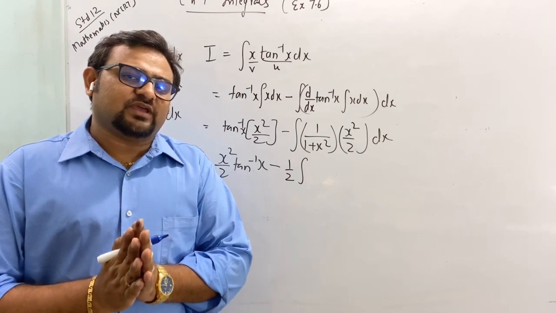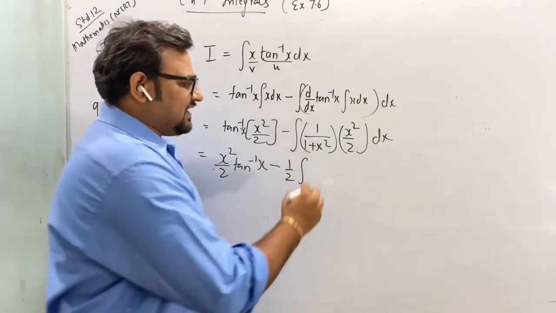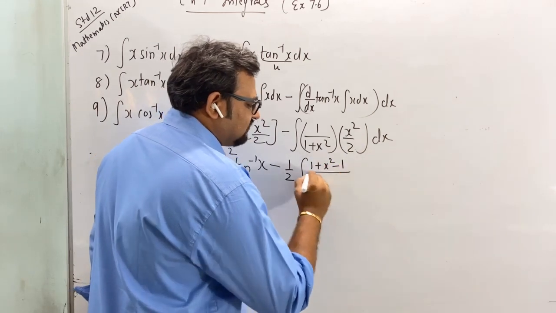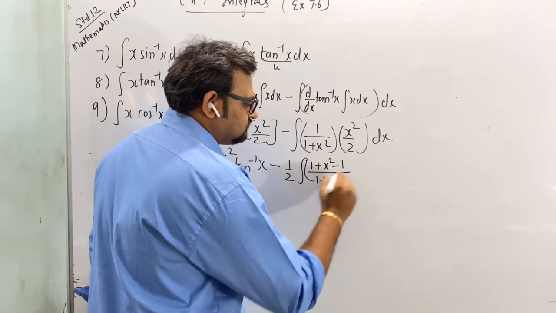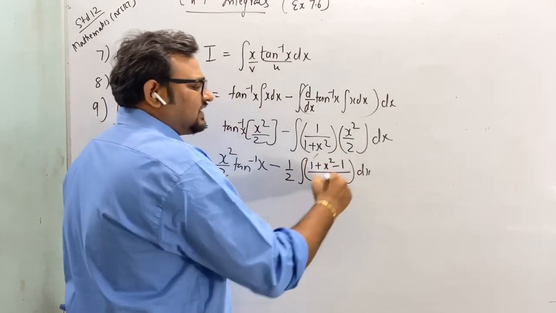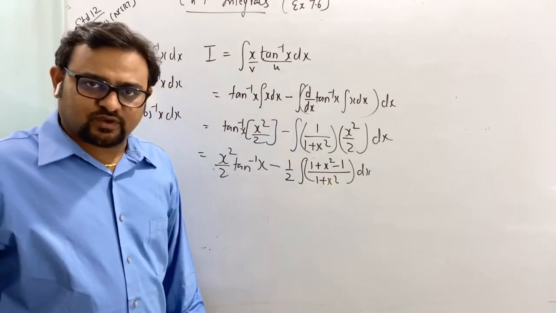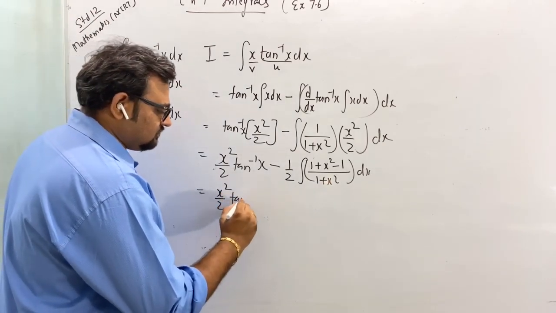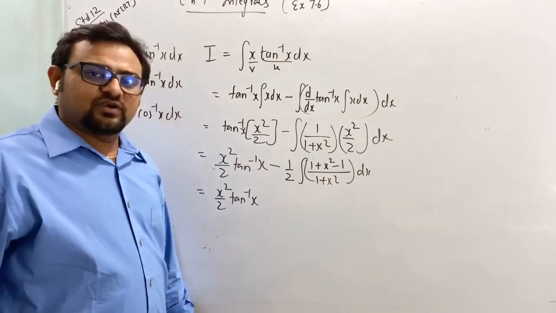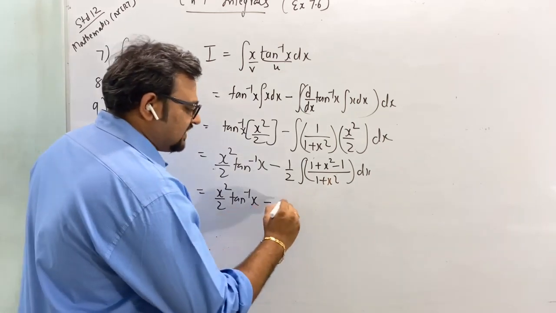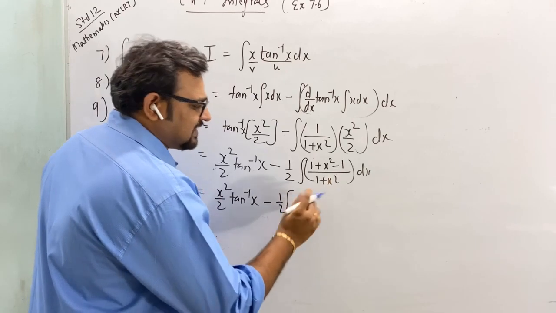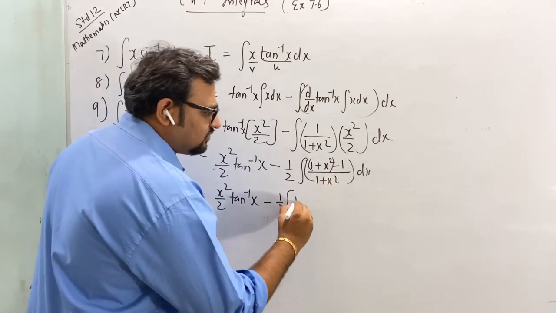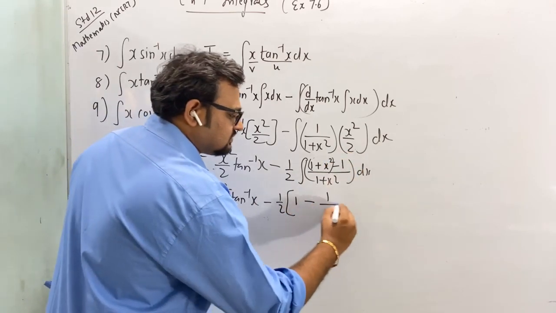We have to rearrange the numerator. Like see, 1 plus x square minus 1. The 1 and 1 get cancelled, so it will be only x square. So x square by 2 tan inverse x minus 1 by 2. I will separate it in this way.